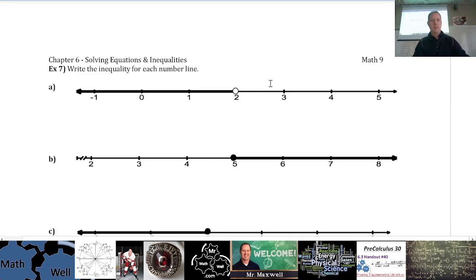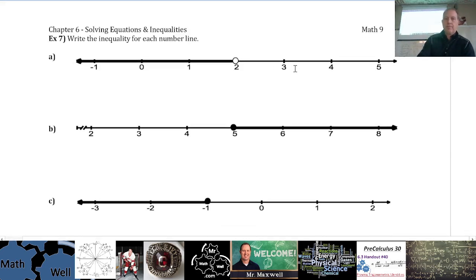Okay, we're going to be moving to example 7 in just 30 seconds here, so finish those last 3, and we'll take a look at example 7.